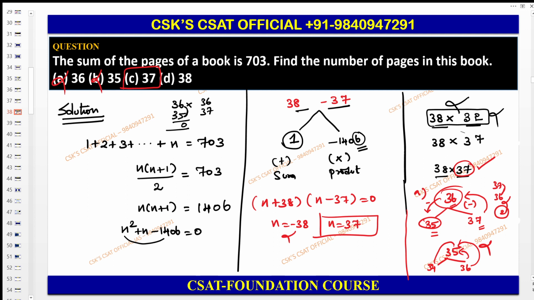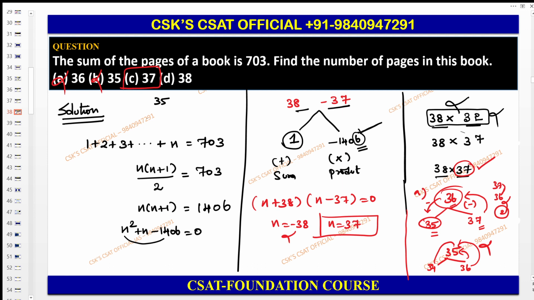But actually the unit place is 6. Therefore, this is eliminated. So now 6 into 7, 42. The unit place is 2. But here the unit place should be 6. Therefore, eliminated. We can eliminate the full 36. Understood? Yes, sir. Fine.